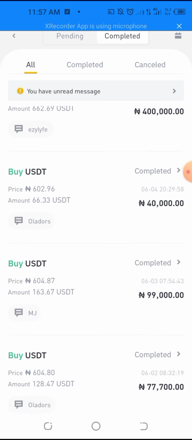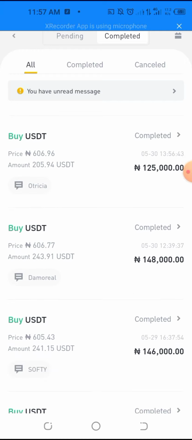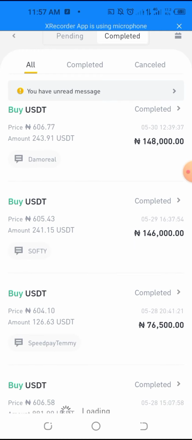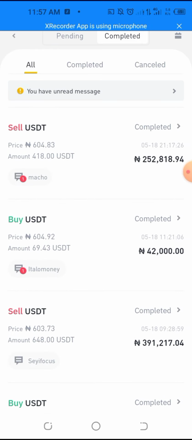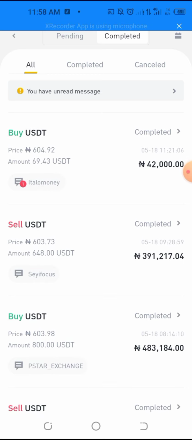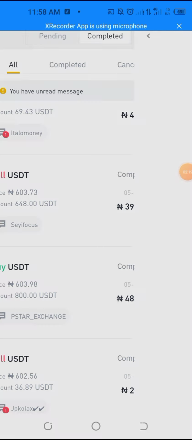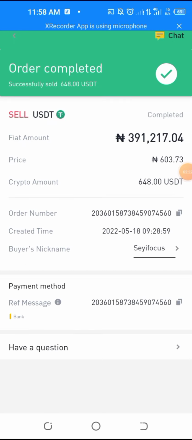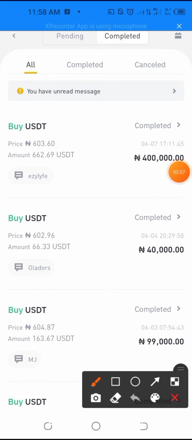If I check the month of, that is 18/5. Okay, yes, this is 18/5. That was when I just want to show us proofs. That was when I loaded my Binance with $800.